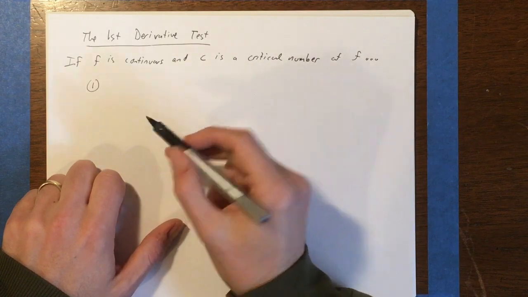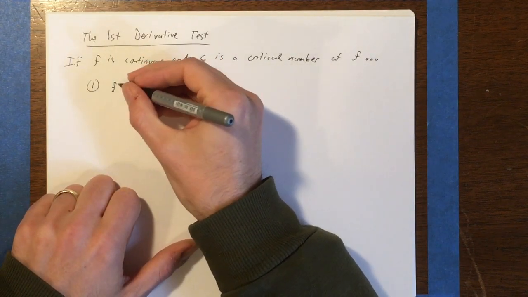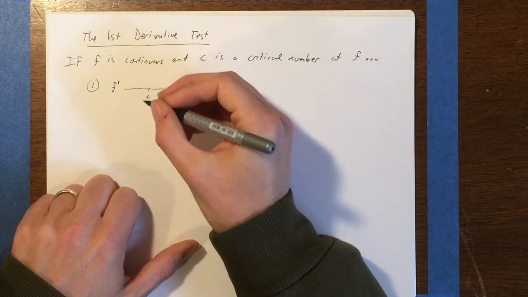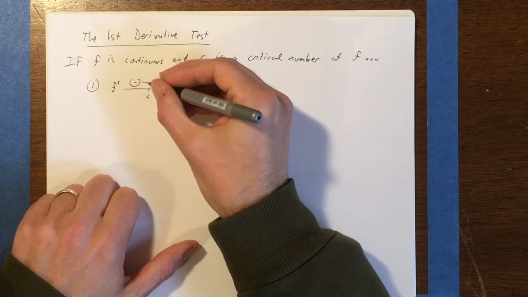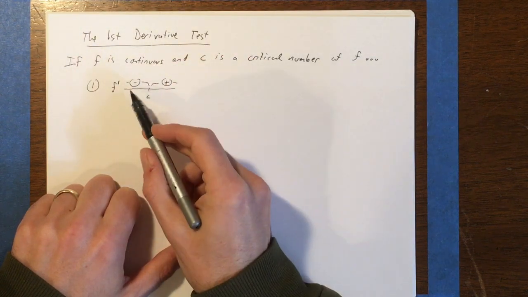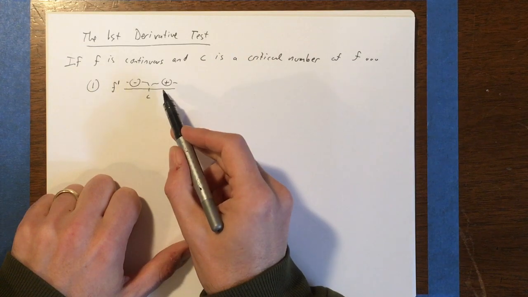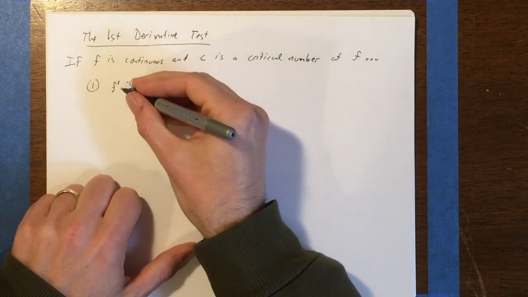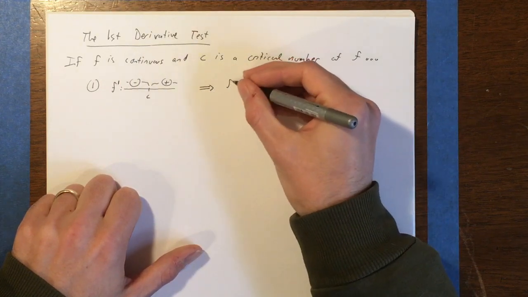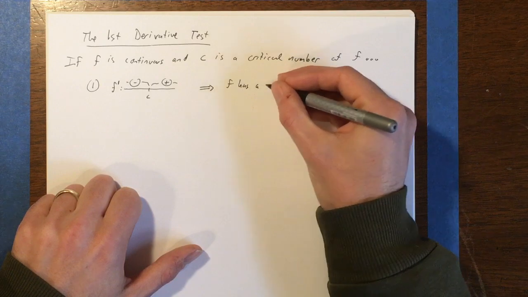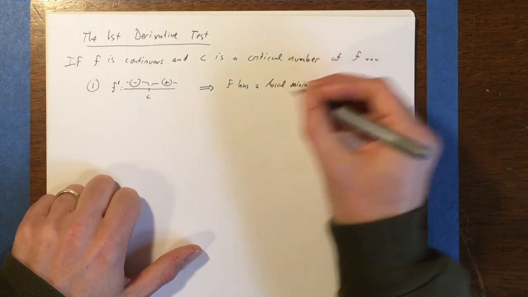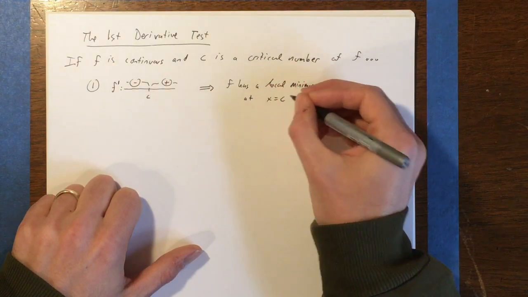And then first one, if f prime in your sign chart changes from negative to positive at c, then what that means is that f has a local minimum at x equals c.